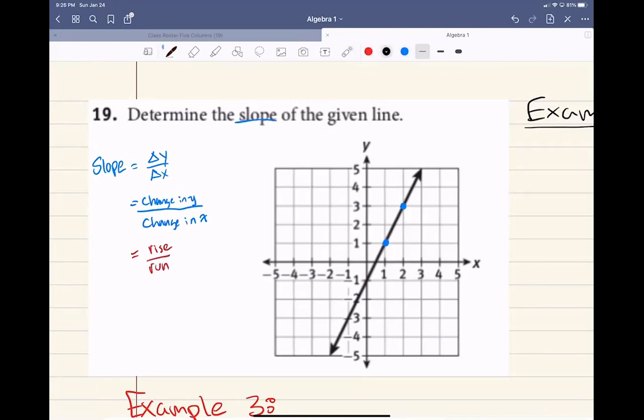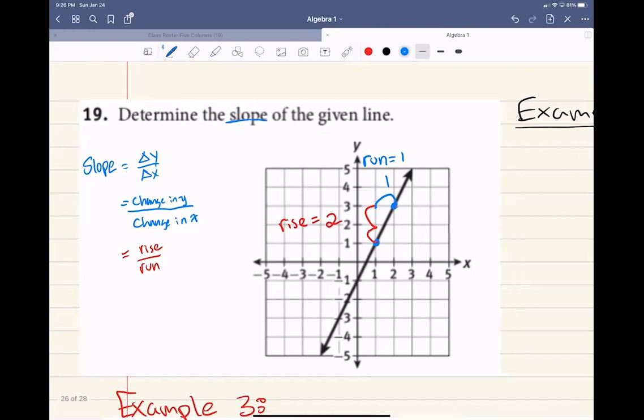So how many steps up do we have to go from 1 to get to the same line as this point, right? So let's find out. We're going to go 1, 2, right? So our rise is 2. Now to find out how many steps we have to get from here to here, right? So that's going to be 1. So our run is 1.